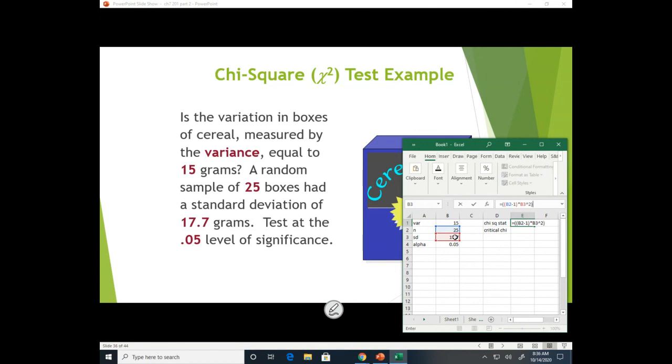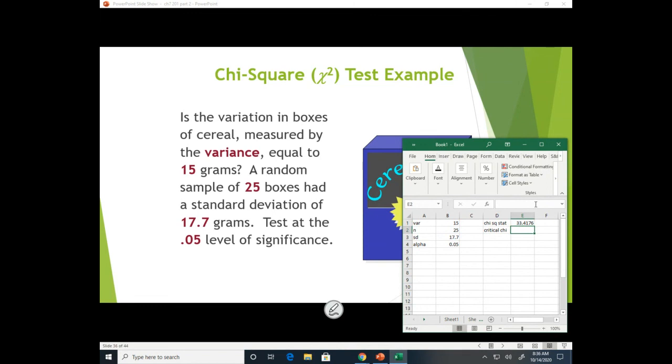So I'll divide that by the variance. That will be our chi-square statistic that we're going to compare to our critical value.